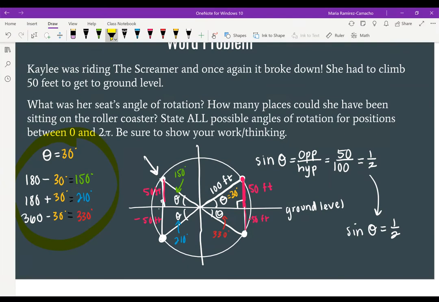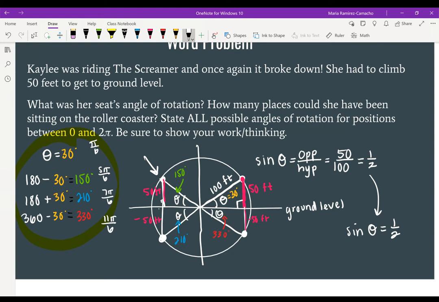So 30 degrees, 150 degrees, 210 degrees, and 330 degrees are all possible angles of rotation where she could have gotten stuck. As radians, that would just be pi over 6, 5 pi over 6, 7 pi over 6, and 11 pi over 6.